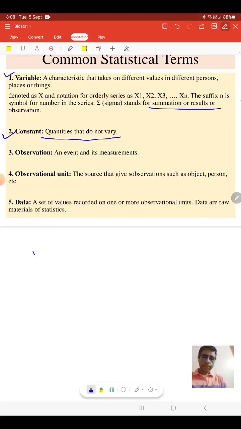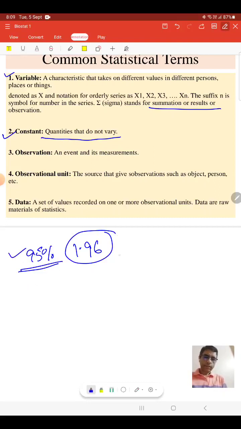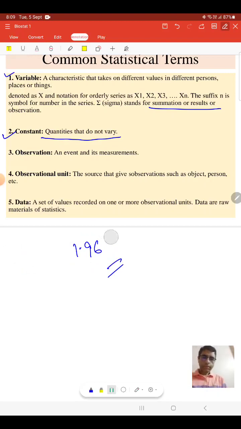Say for 95%, the standard deviation value is 1.96, within which 95% of the observations lie. You will understand this in the upcoming classes. Our goal here is to understand the terminology. So a constant is something whose value will never change.